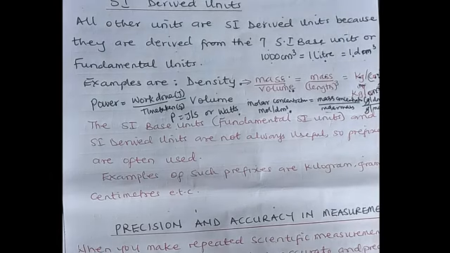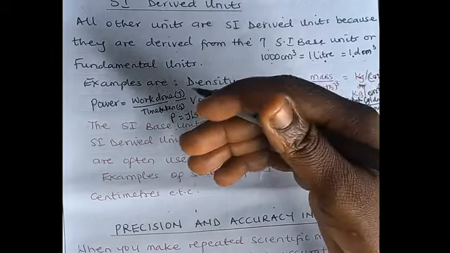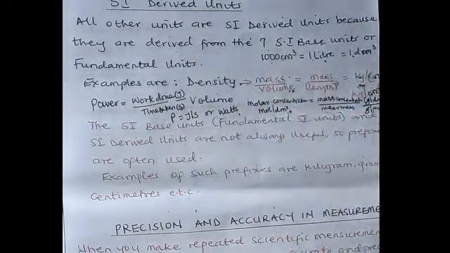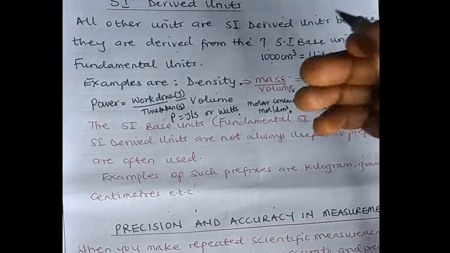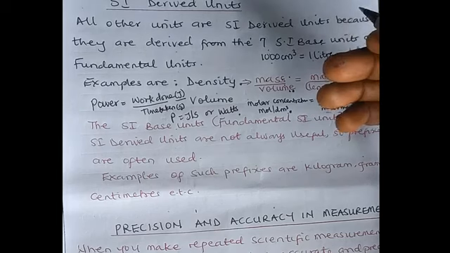Under that, we will also consider precision and accuracy in measurement. Having known the unit assigned to different physical quantities in order to avoid confusion, for instance, you are measuring distance, it should be in meter or centimeter.